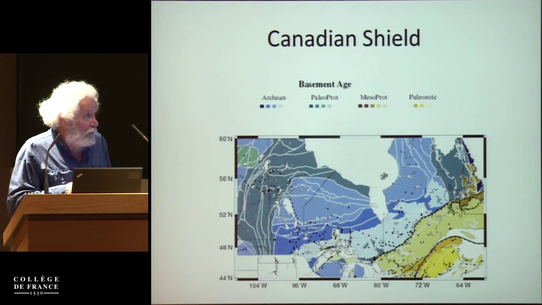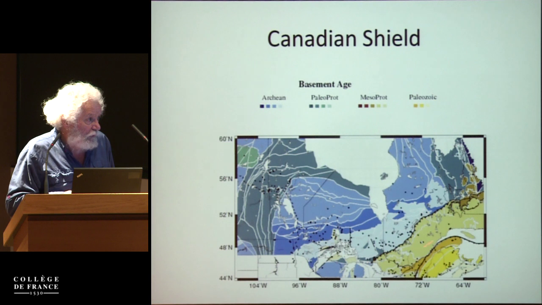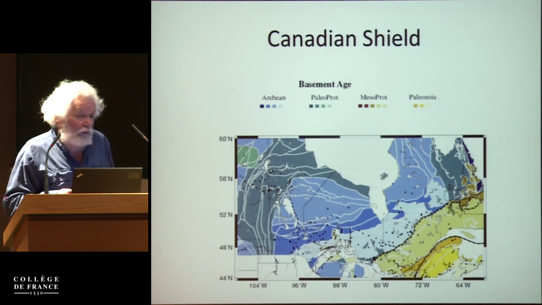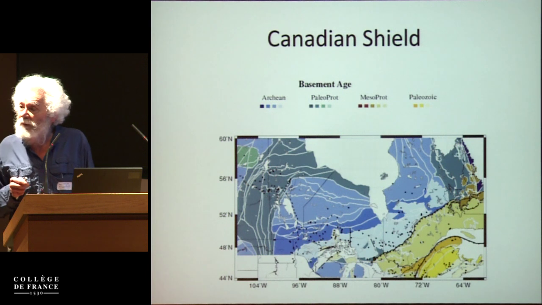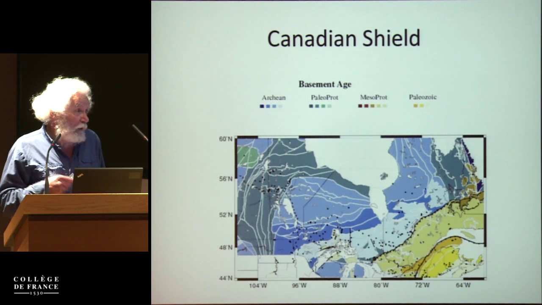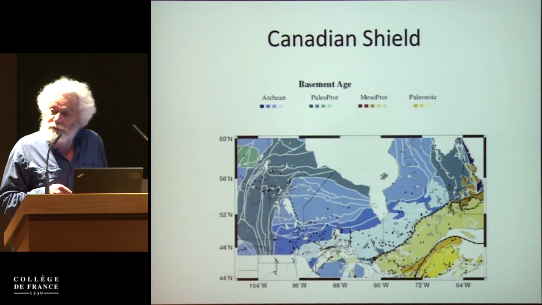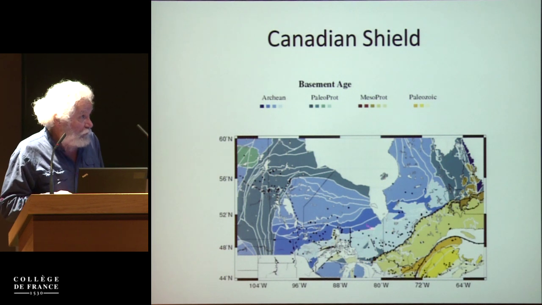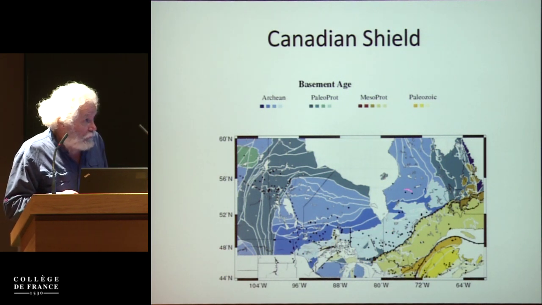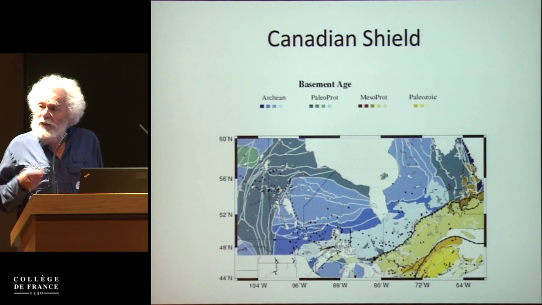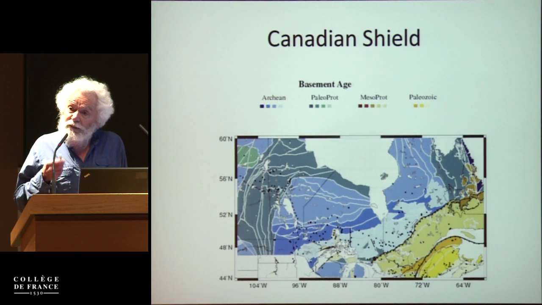To the south of the Archean cratons is the Grenville province, which is a lot younger, 1.1 billion years, and then you see the Appalachians there. Now, why am I focusing on Canada? It's not only because I have a deep love for Canada, but mostly because we have a lot of heat flow data, and the heat flow data are represented here by black dots, and you see that there are plenty of heat flow data here and there. We also have heat production data.